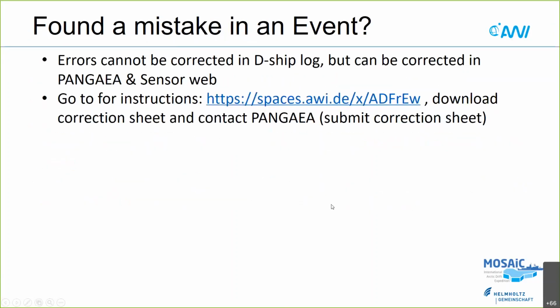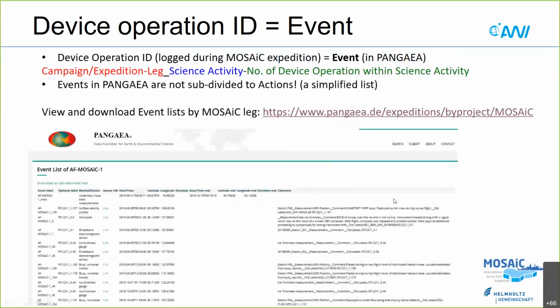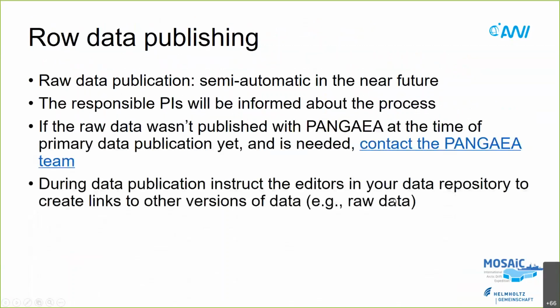I think that we're running a little bit out of time, and I suggest I skip a little bit the part about raw data publishing. Just give you some little overview. The raw data publishing will happen in MOSAiC project semi-automatically in the near future.